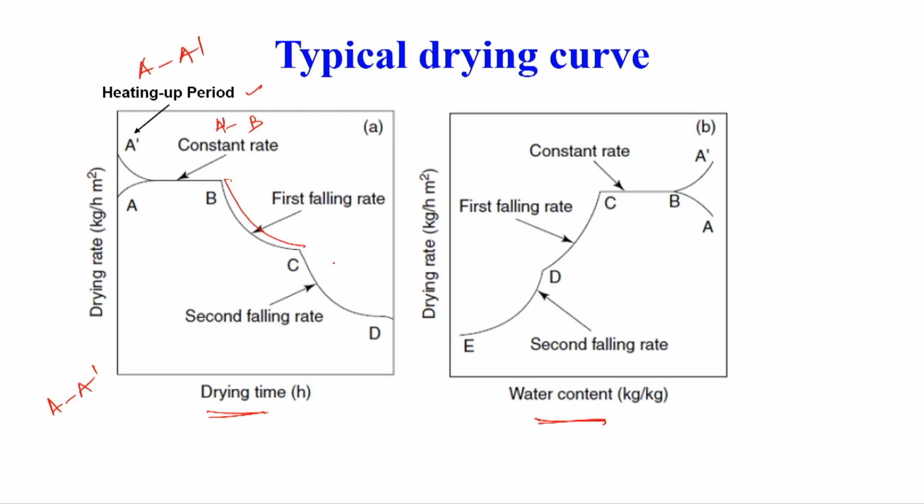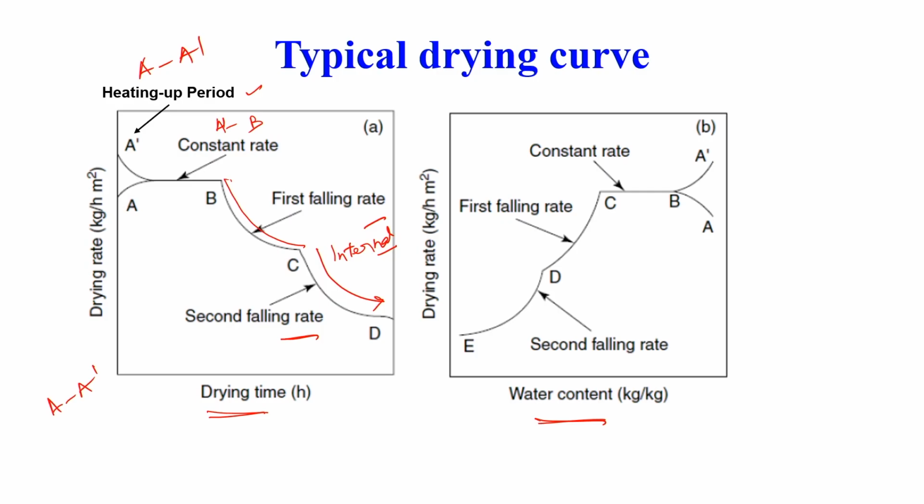Once that is done, you will see the second falling rate period. Here the internal moisture will try to come out through diffusion. So you may see the formation of cracks or some surface deformation, because the first falling period is the surface water and the second falling period is a kind of internal moisture.